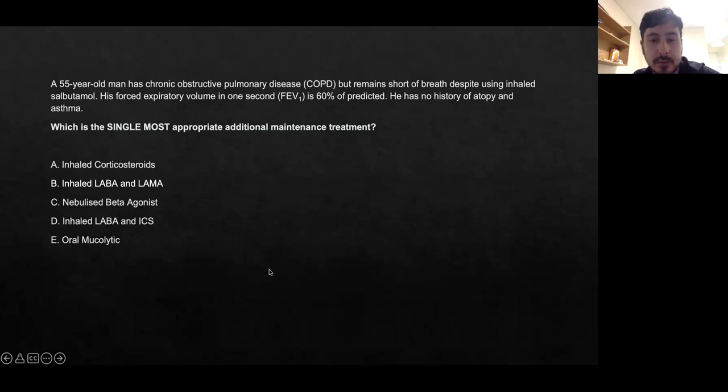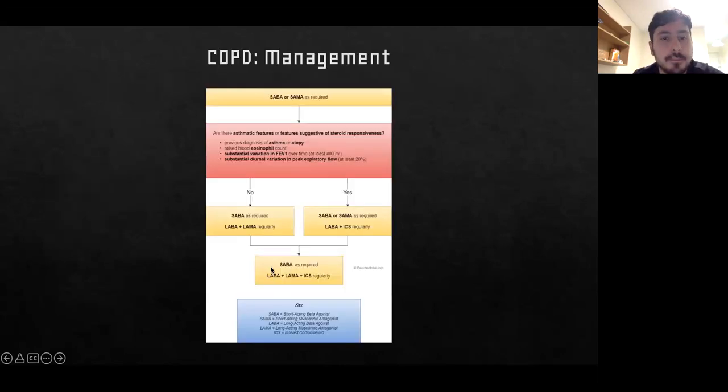Fantastic. So I've got an answer of B here, and that is indeed correct: inhaled LABA and LAMA. So another treatment guideline. With COPD, you start with a SABA or SAMA, most commonly SABA. And then you try and assess if there's any features that mean an inhaled steroid would be useful. That includes asthma, atopy, raised eosinophils, variation in FEV1, or diurnal variation in peak expiratory flow.